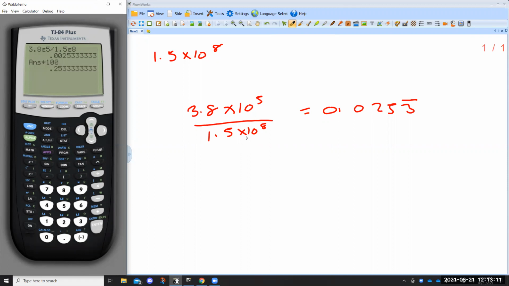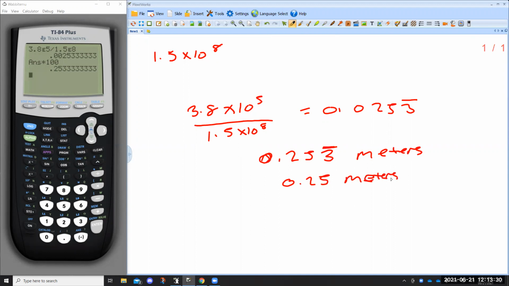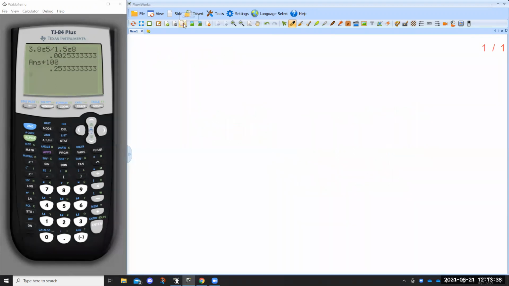There it is. And I'm going to get 0.253 meters, and she approximated that as that. Okay, ask me questions later if you need to, but that's how you can use your calculator to multiply or divide and get the answer. Let's move on to number 52.